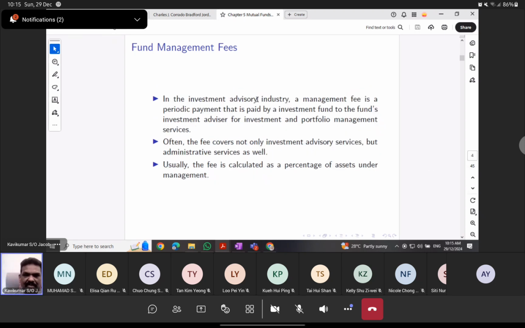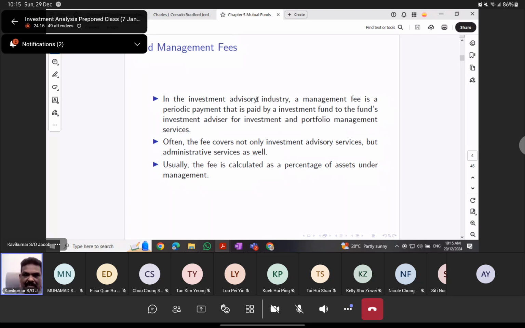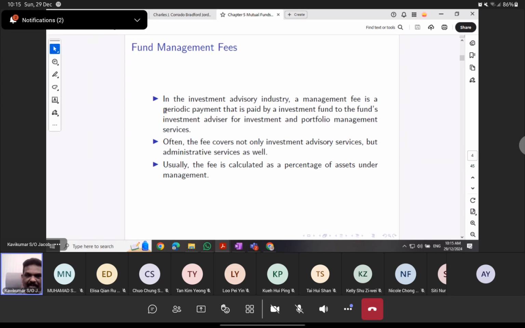So in the investment advisory industry, meaning those who are managing professionally, the management fee is a periodic payment that is paid by an investment fund to the fund's investment advisor for your investment and maintaining your portfolio. Portfolio means a collection of your assets. So here you have to understand the periodic payment.